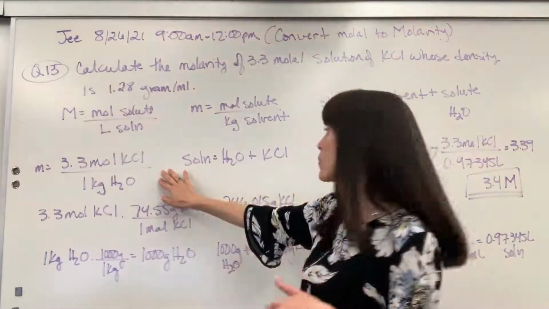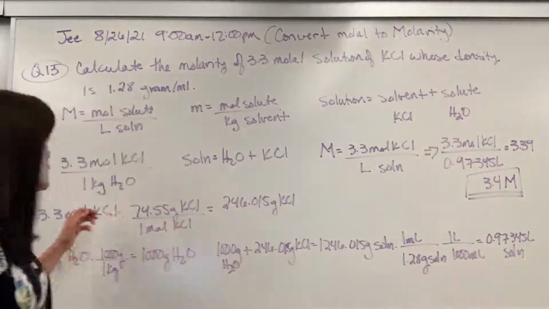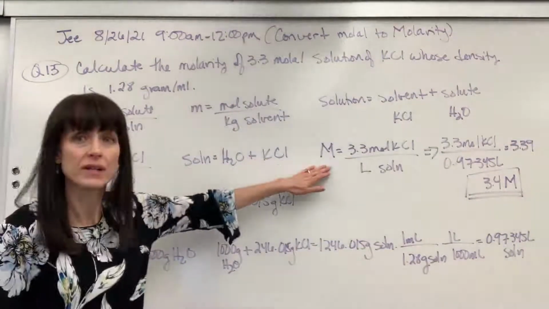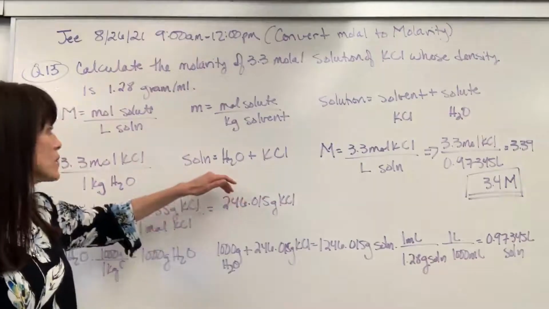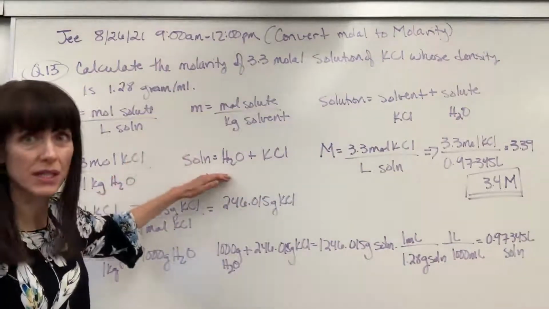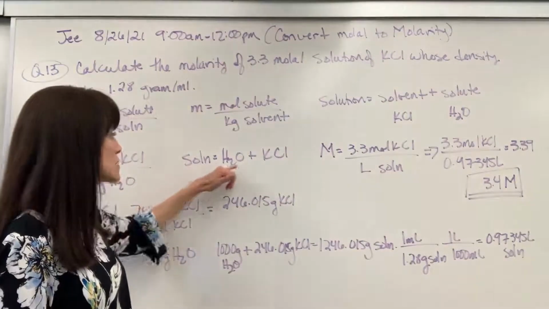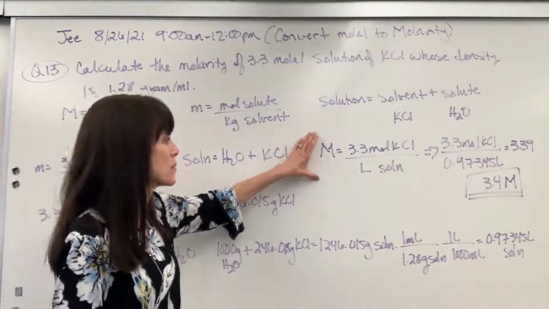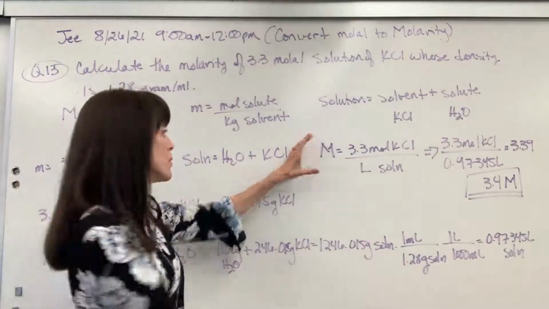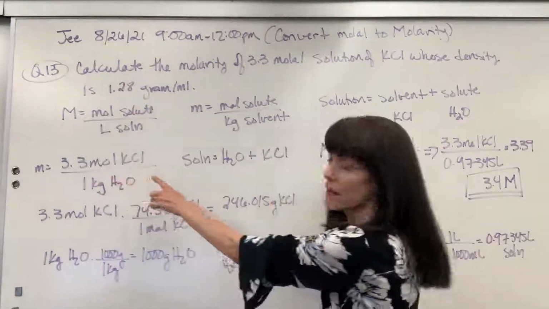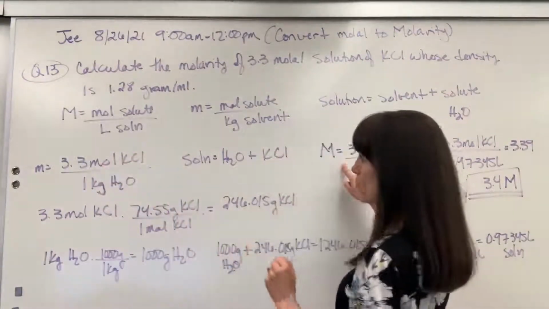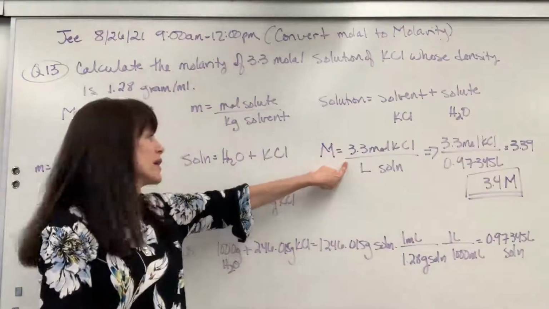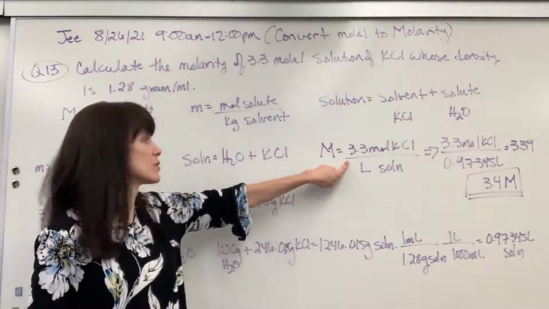Now looking at what we want, I eventually want to get over here to molarity, and I know that molarity has the word solution in it. So just a reminder, the solution is going to be the water plus the potassium chloride. So here's my molarity, what we have so far. Well, we know the moles, right there, look at that. I've got moles of potassium chloride, so I can go ahead and plug in the moles of potassium chloride.